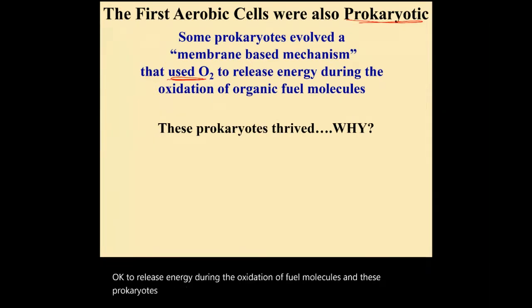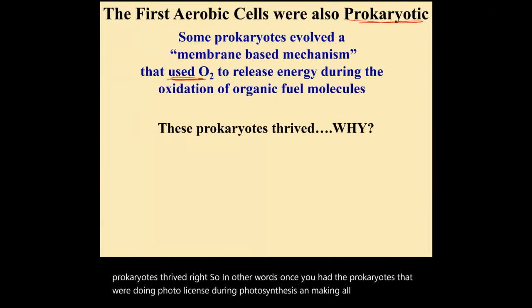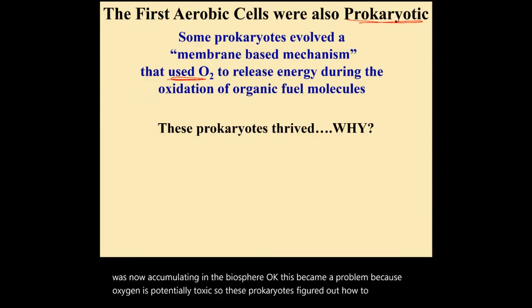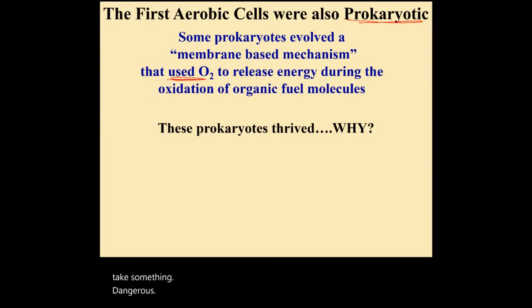So in other words, once you had the prokaryotes doing photolysis during photosynthesis and making all this oxygen that was now accumulating in the biosphere, this became a problem because oxygen is potentially toxic. So these prokaryotes figured out how to take something dangerous and use it to do something good, right?